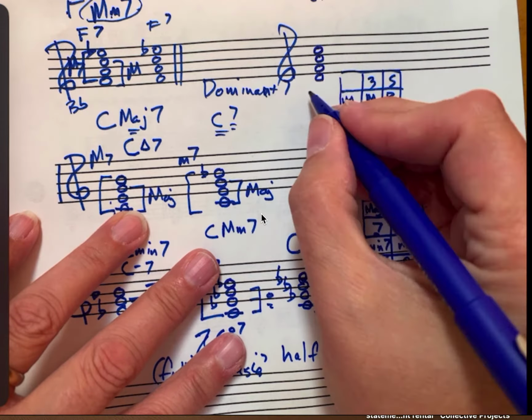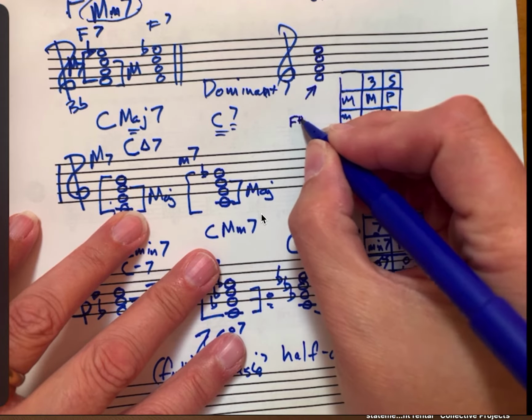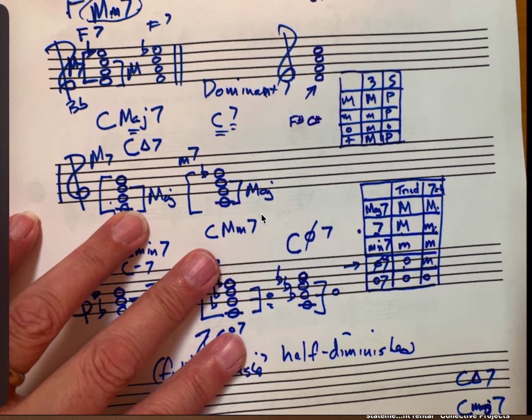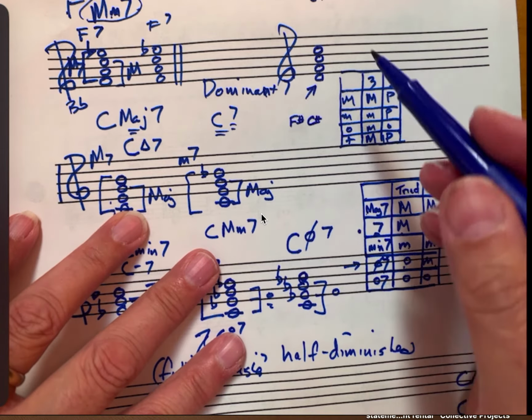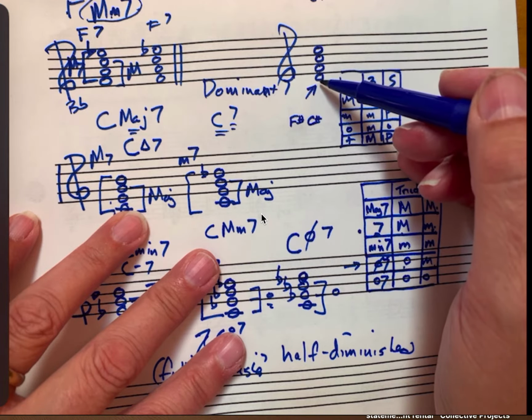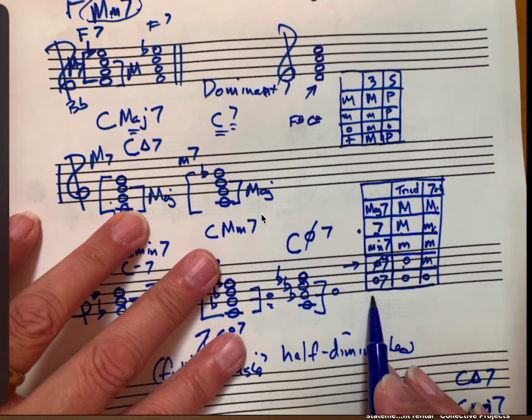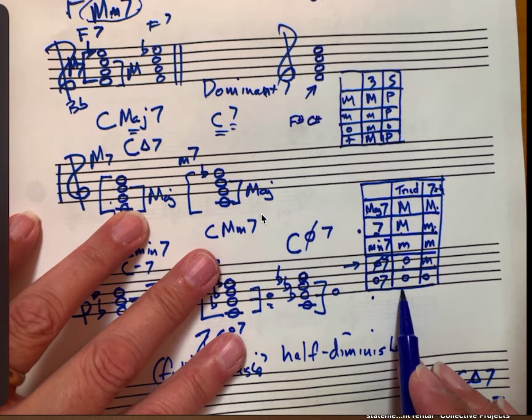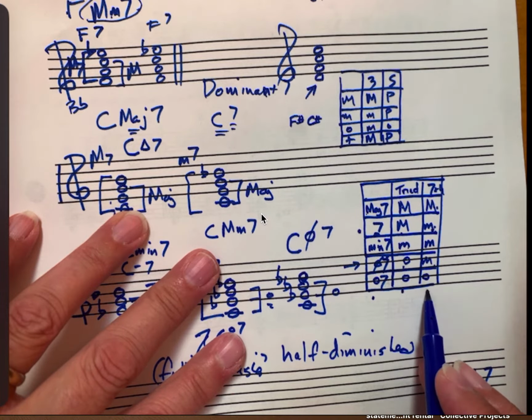Second step, think of the key signature of D, which is F sharp and C sharp. Okay, so if this were D, F sharp, C sharp, that would be a major triad. For a fully diminished 7th chord, we need a diminished triad and a diminished 7th.